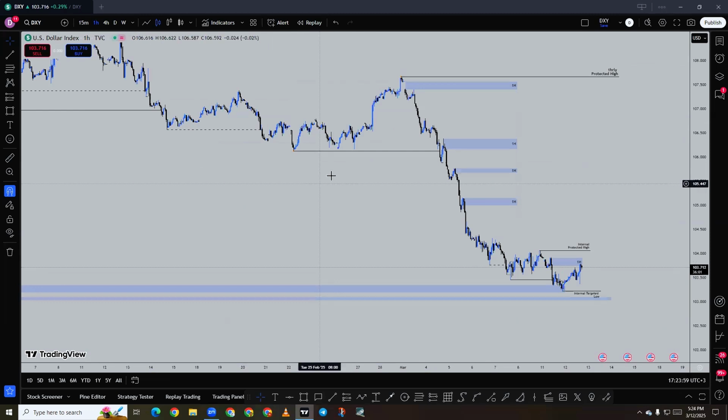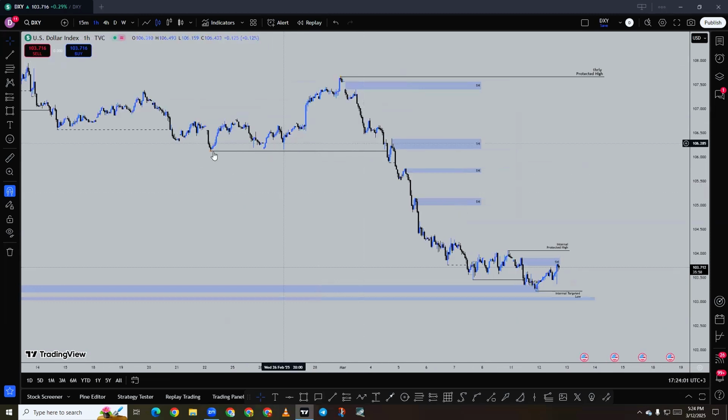We are following the internal of the 1 hour because this is where price broke the swing structure to the downside. And ever since we broke that trend to the downside, we have not gotten any pullback into some meaningful area. We have not mitigated the 1 hour range.